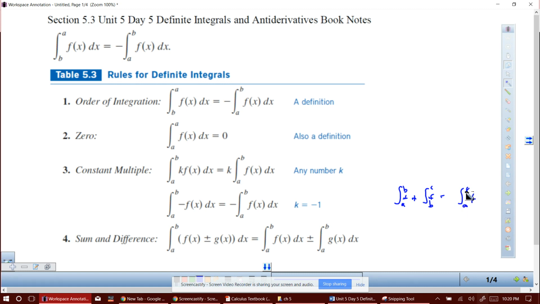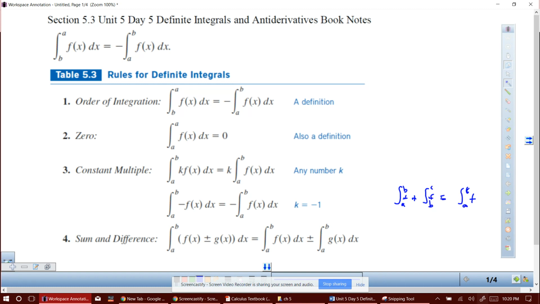Again, I was a little lazy. I should have said f of x dx, but I don't want to write all that. So basically, we're going to write it the other way. If I have a whole integral, I can break it into 2 parts that I know. I can split it in the middle, with the overlapping parts right there, and that's going to come in handy too.